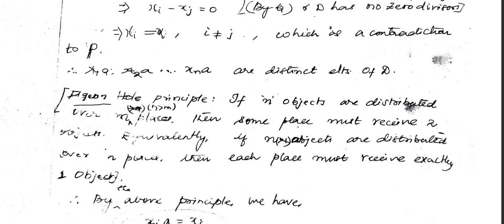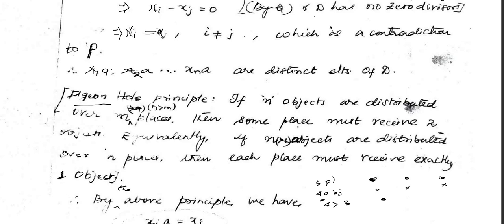See, suppose we have three places and four objects. Then you will first place one object here, and another object, so three objects over three places. Then you are left with one more, so either you will put it here or here or here. So if the objects are more and the places are less, some place will receive two.